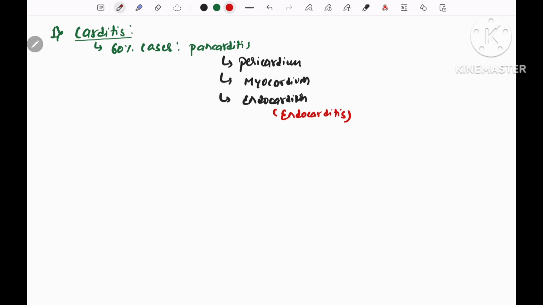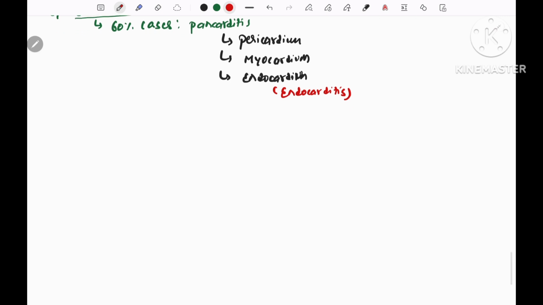In endocarditis, the most common valve affected is the mitral valve. So it can lead to mitral regurgitation. In case of mitral regurgitation, there occurs a pansystolic murmur.